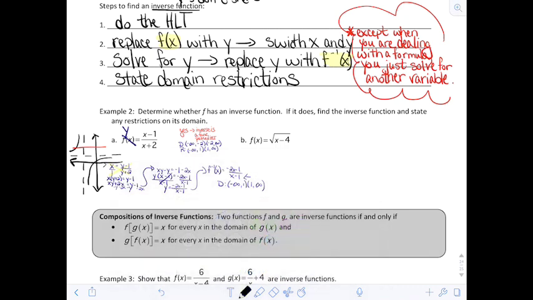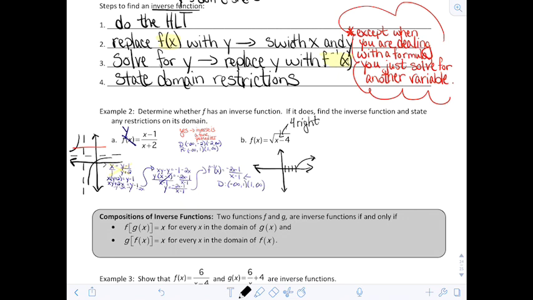Okay. First of all, we're going to look at f of x equaling the square root of x minus 4 and think about what its graph looks like. So this is a square root function, and that minus 4 moves it 4 to the right. So I'm going to move 4 units to the right, and there's my square root function.